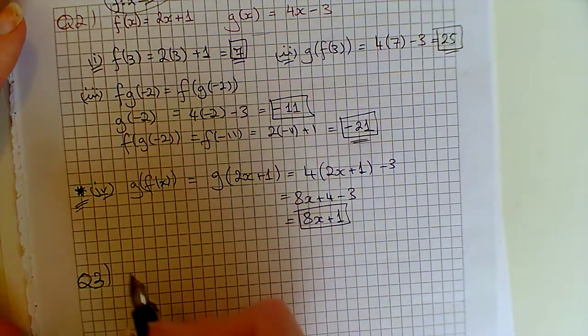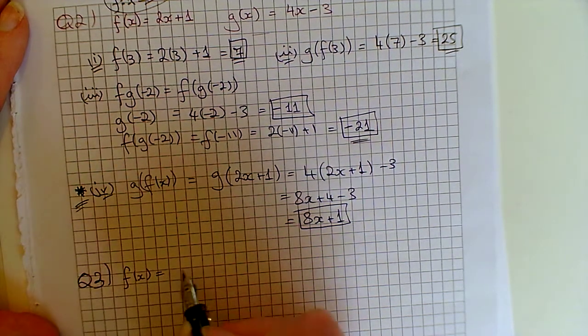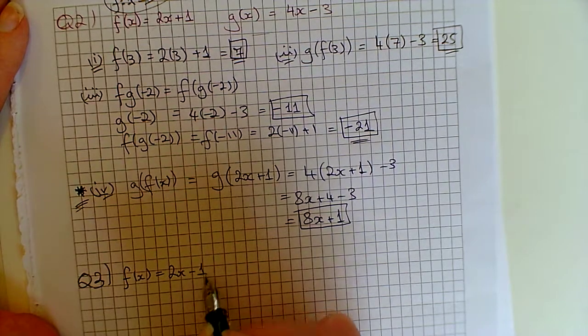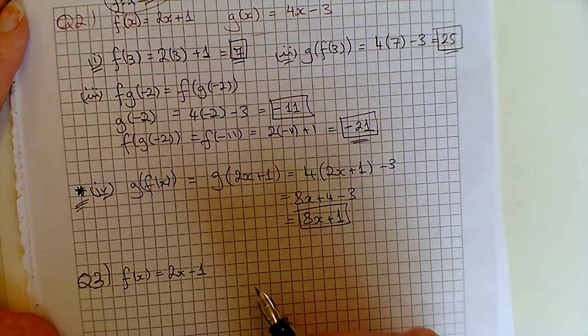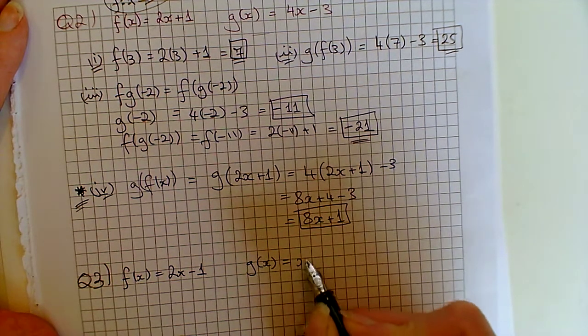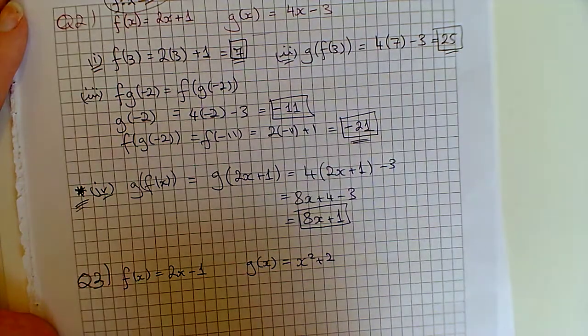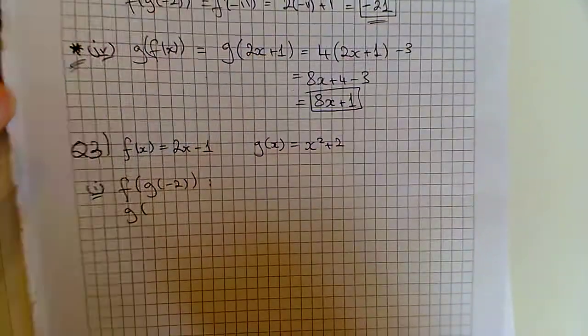So in question 3, we have functions f and g, and again they use the f such that x is mapped onto notation, and we're just going to straight away use this. So we've got f of x is 2x minus 1, and g of x is x squared plus 2. First part of the question asks us to find f of g of minus 2. So first of all, we need to find g of minus 2.